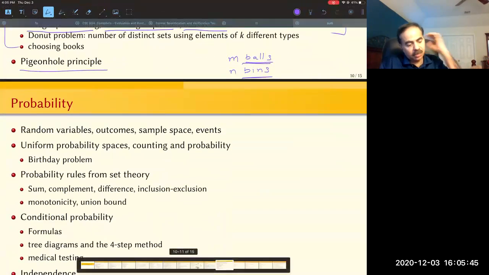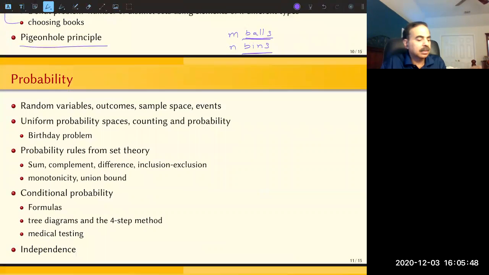And counting is closely related to probability. The particular type of probability that we looked at is called discrete probability, because we are working with discrete sets as opposed to continuous sets like real numbers or rational numbers, right?